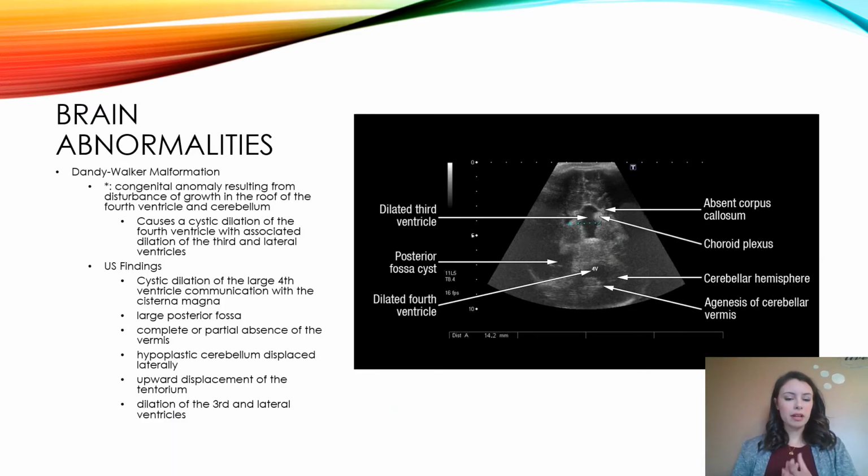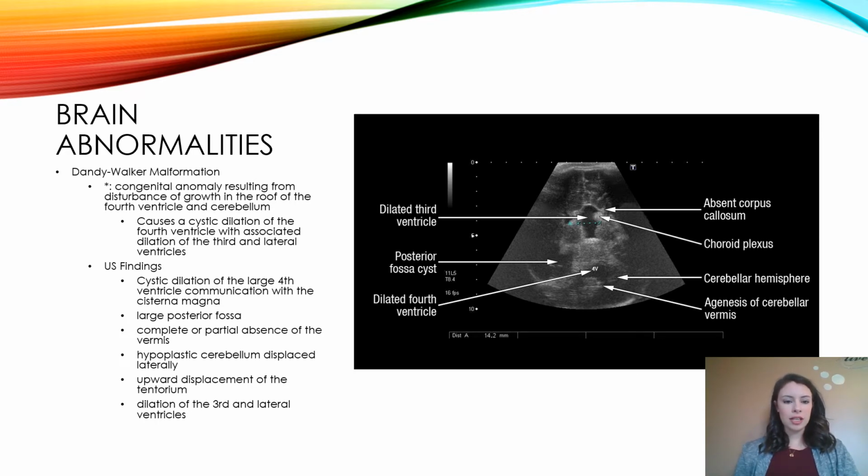The first abnormality of the brain that we're going to talk about is Dandy-Walker malformation, and this is a congenital anomaly resulting from the disturbance of growth in the roof of the fourth ventricle and cerebellum. So this causes a cystic dilatation of the fourth ventricle with association with dilatation of the third and lateral ventricles.